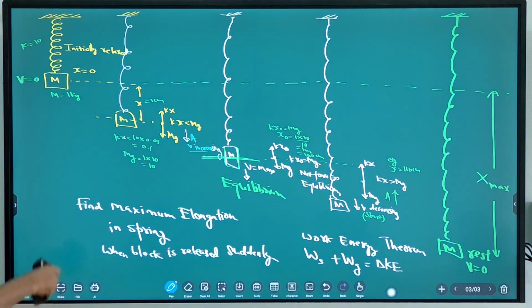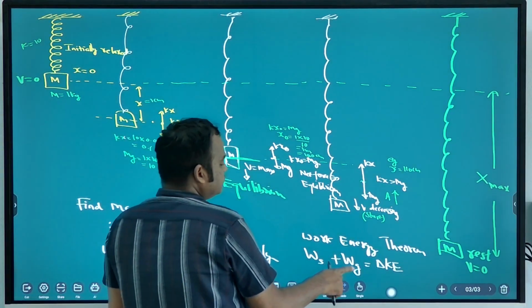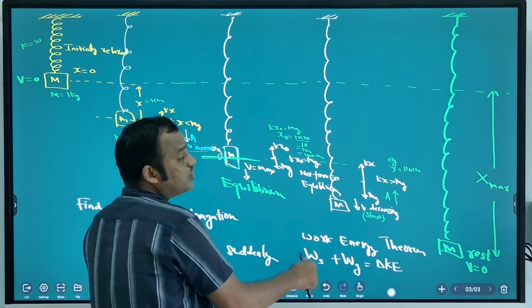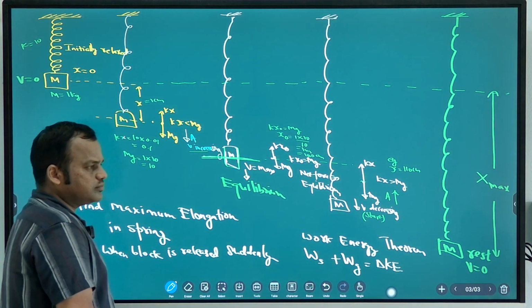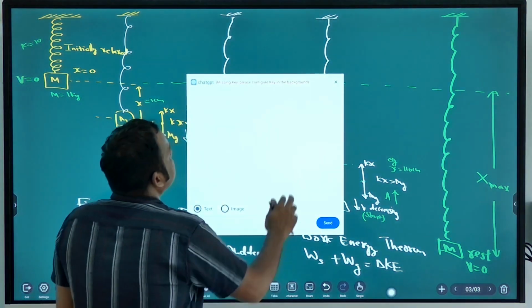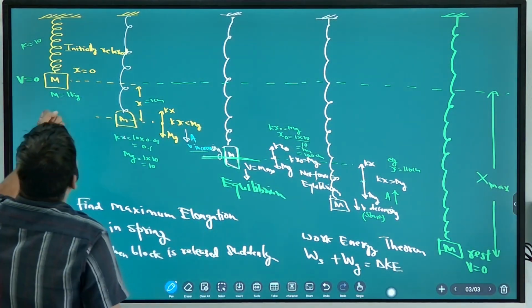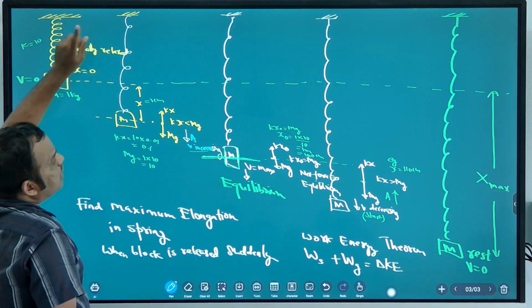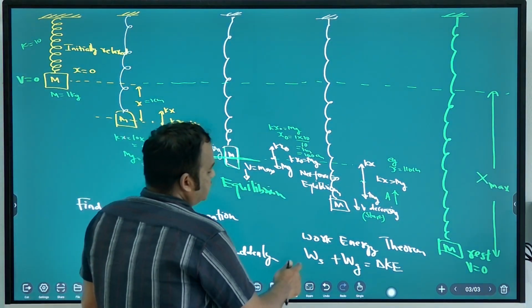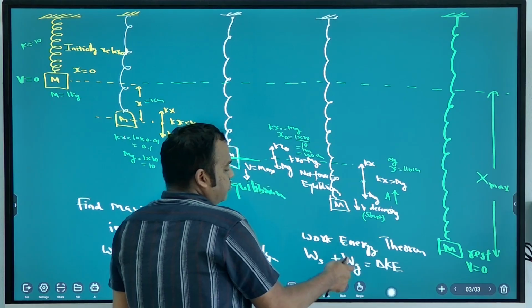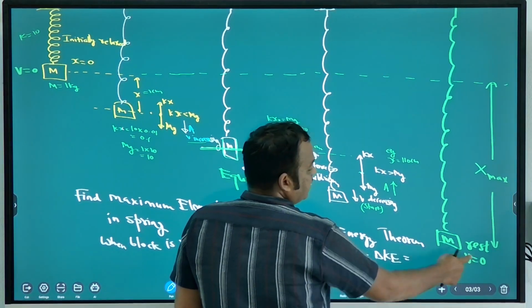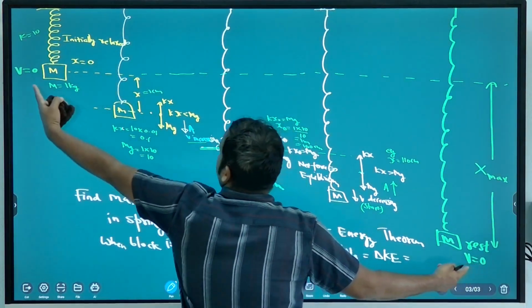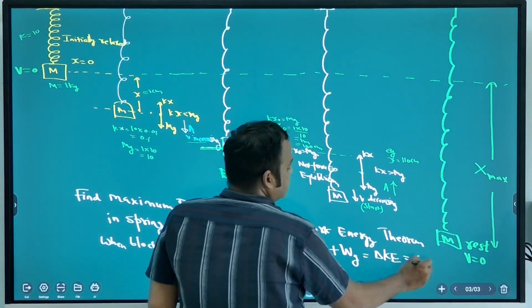Gravity. So gravity is doing work. Spring is also doing work. Positive or negative? Negative work, because spring force is upward and displacement is downward. Gravity is doing positive work. And what is the change in kinetic energy? Final kinetic energy is zero, initial kinetic energy is zero. So change in kinetic energy is zero.